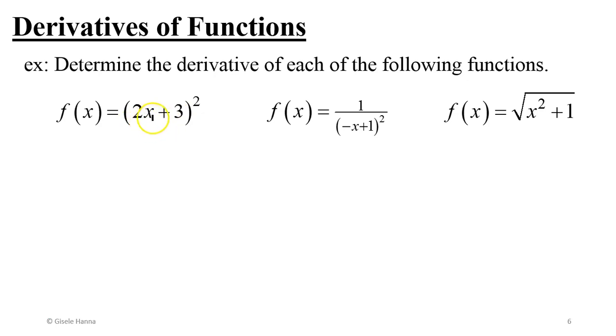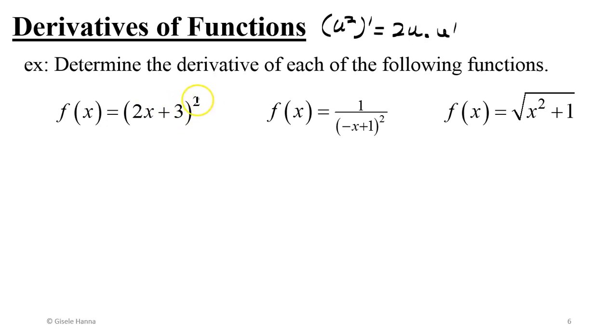Now that reminds me of the power rule, so I can see this as being in the form u squared, where the derivative is: drop the exponent, subtract 1 from the exponent, but don't forget to multiply by the derivative of the expression in terms of x at the base, because that is not x, it's a function of x. So this is where we actually need to use the chain rule here.